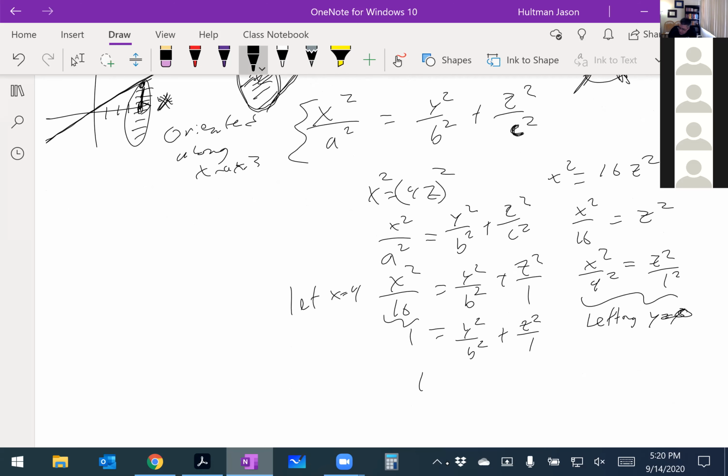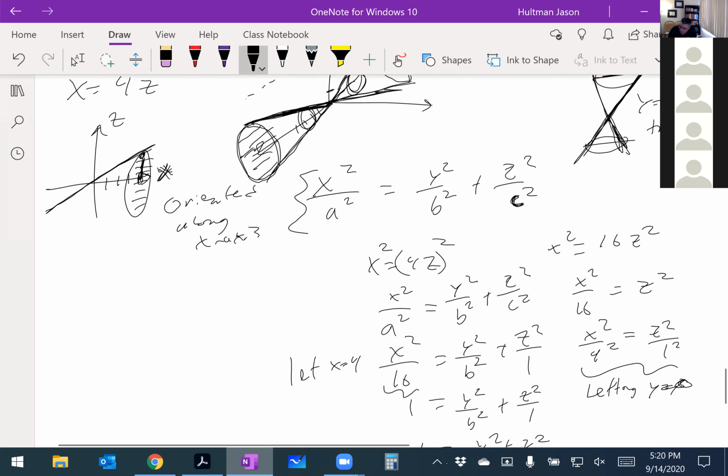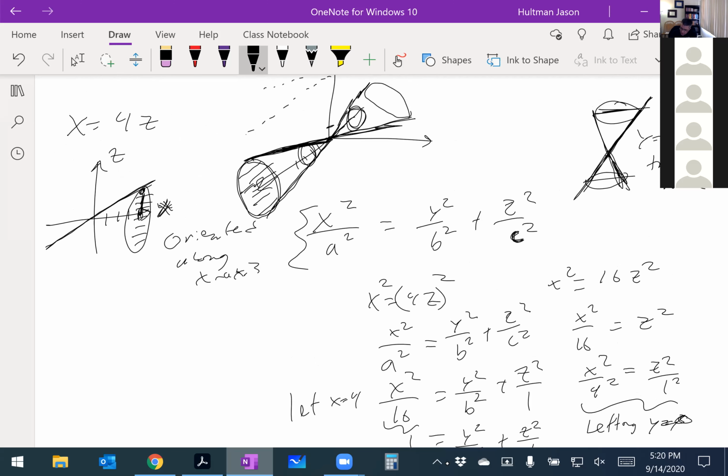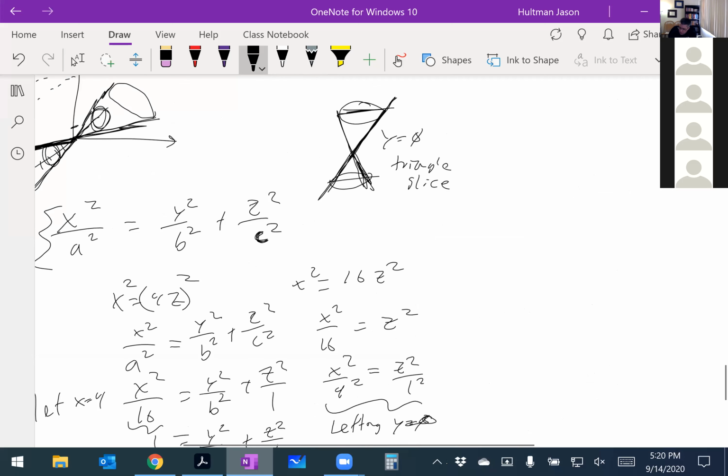So we know that this has to be 1 equals y squared plus z squared in the YZ plane. Again, maybe we'll go back to my original drawing.